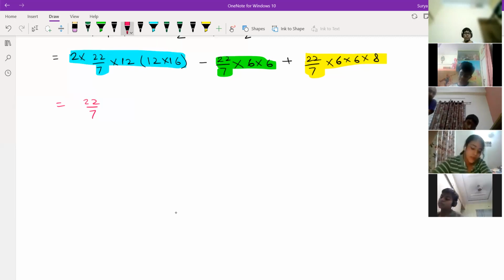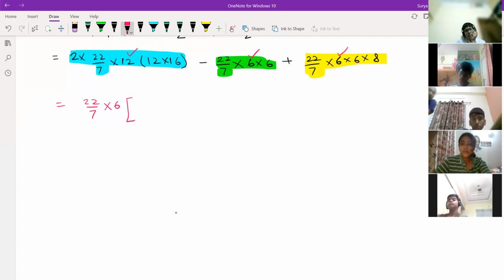In 36, you can't take common, no? 12 you can take, but leave, no problem. 6 you can take from here, right? So into 6 you take.